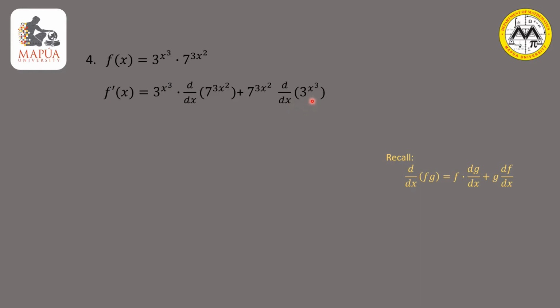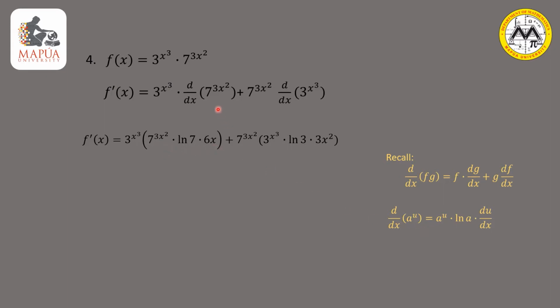Differentiating now the exponential function, we make use of the rule: derivative with respect to x of a to the u is given by a to the u times ln of a times du dx. Applying it here, f prime of x now would be given by the product 3 raised to x cubed times 7 raised to 3x squared times ln of 7 times 6x.